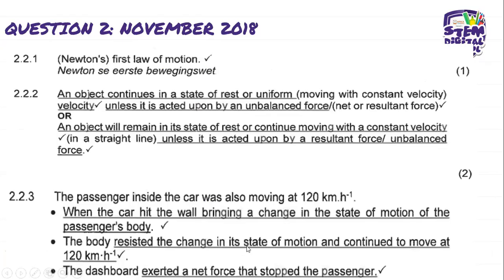So the car hit the wall, and that brings a change in the state of motion of the passenger's body. Why? Because when the car hits the wall, there's a force exerted on the car, and that tries to bring a change in the state of motion of the passenger. But the body will resist changing that state of motion, and it continues to move forward at that velocity of 120 kilometers per hour.